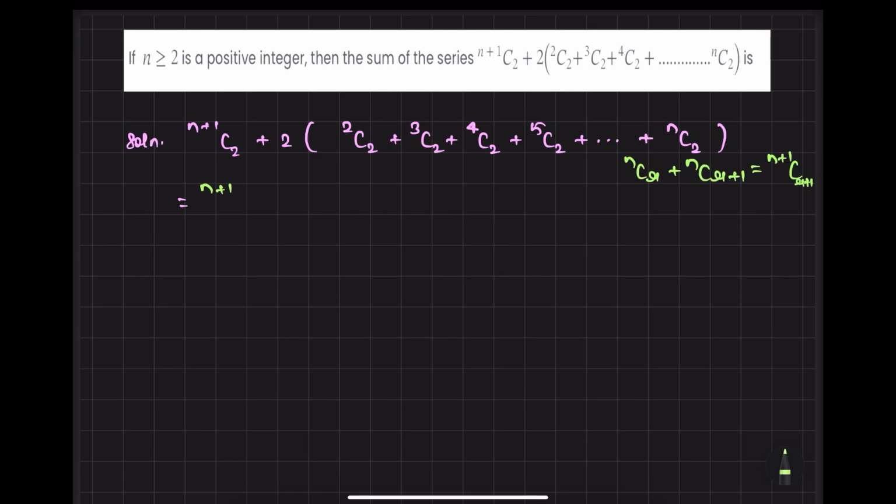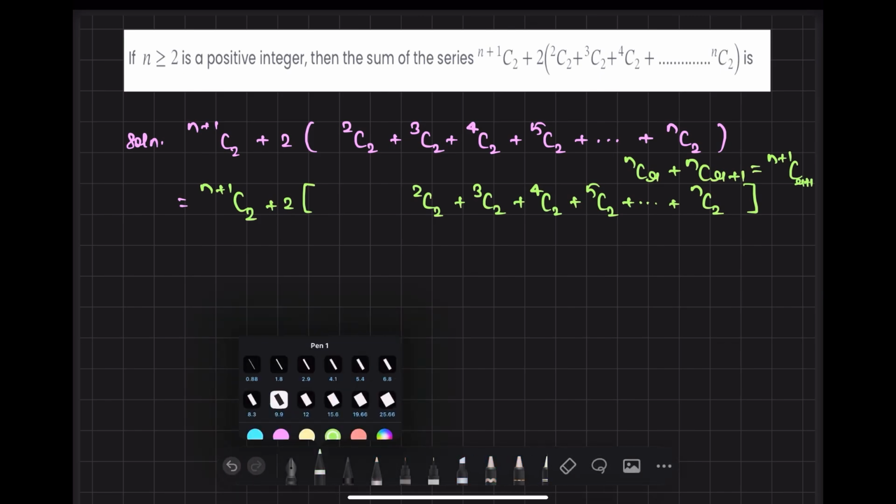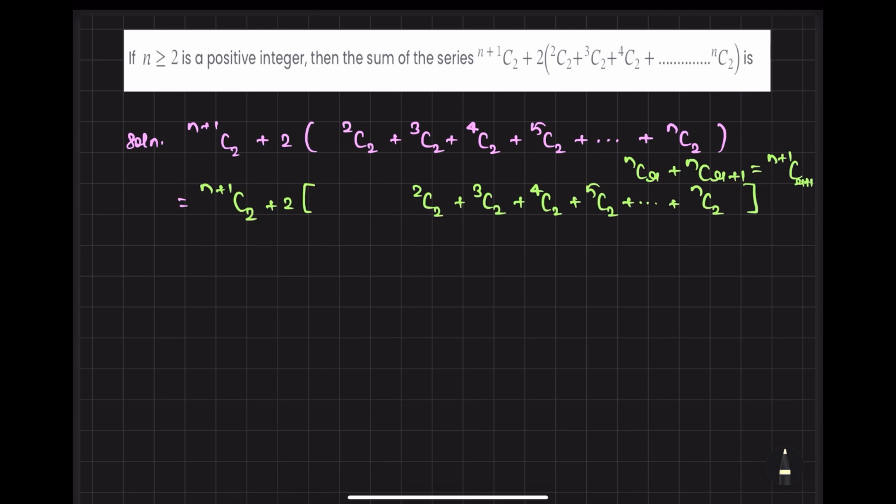So n plus 1 c2 plus 2 times, look at this, it was 2c2, 3c2, 4c2, 5c2 dot dot dot nc2, correct? You know that you cannot initiate the chain reaction from the side having greater value, so you have to initiate from here, correct?